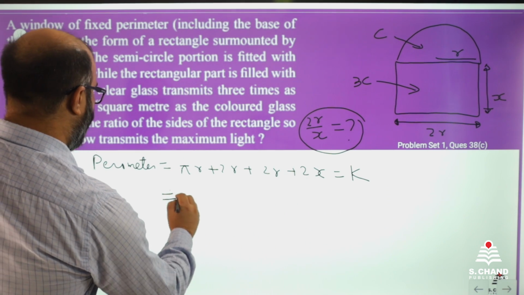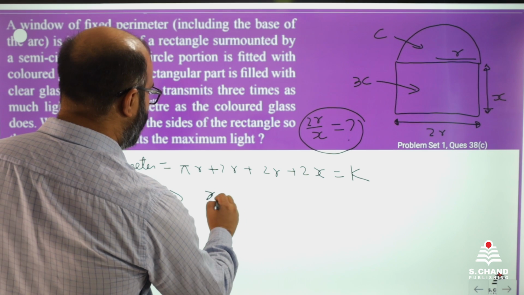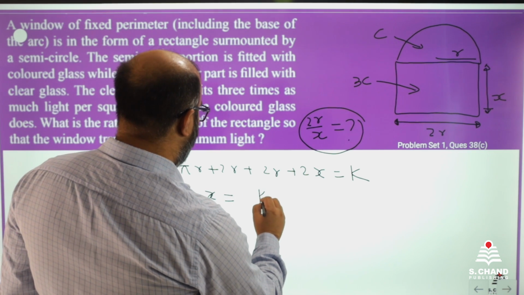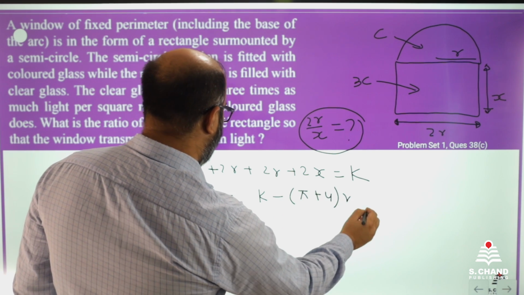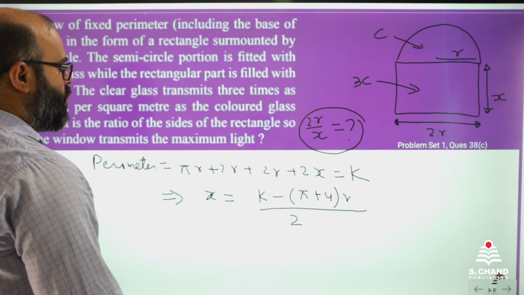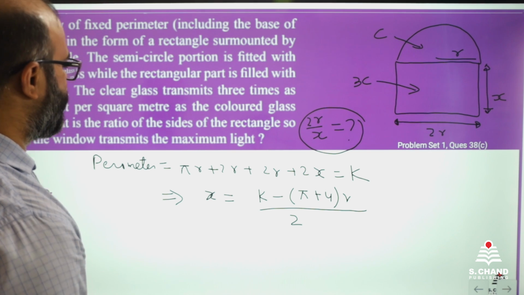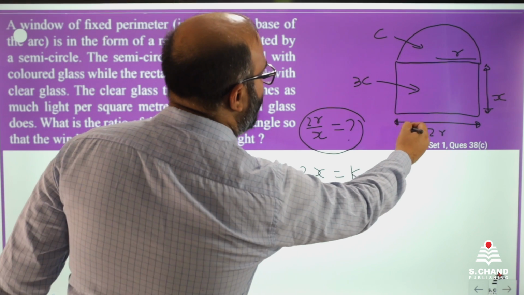So you can say from here that x is equal to (k minus pi r minus 4r) by 2. This is the value of x, this width.